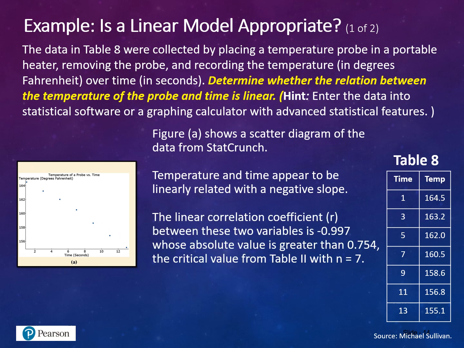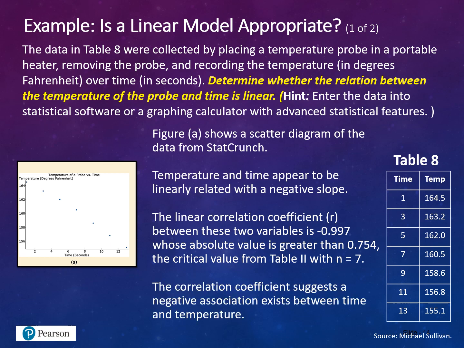If we do the calculation for the linear correlation coefficient, lowercase r, this coefficient is negative 0.997, which is really close to -1, giving us an indication that a negative association exists between time and temperature, that as time goes up, temperature goes down. So it would seem, at least at this point, that a linear model would be appropriate.